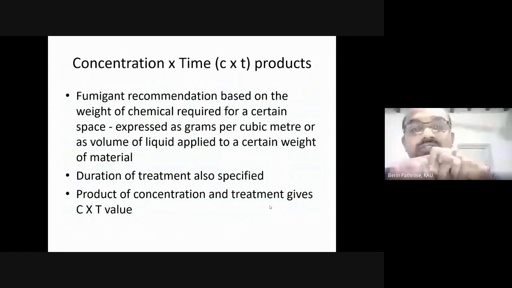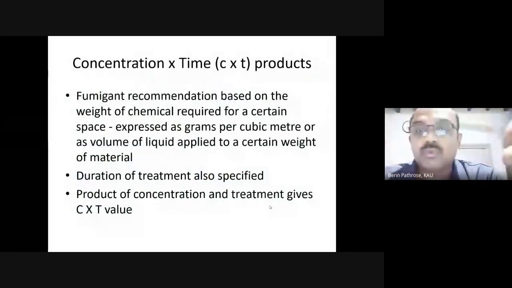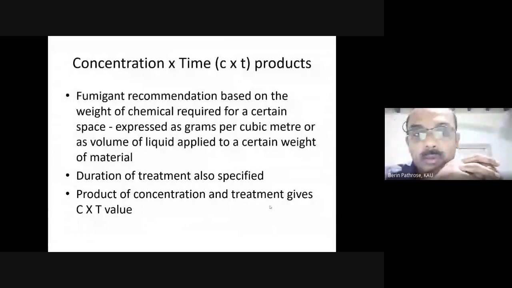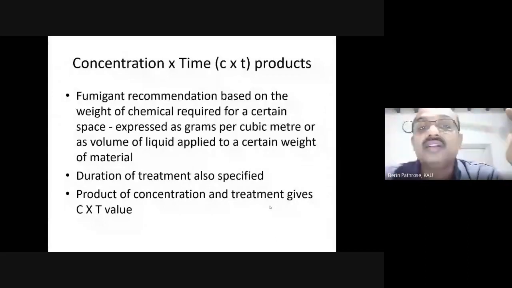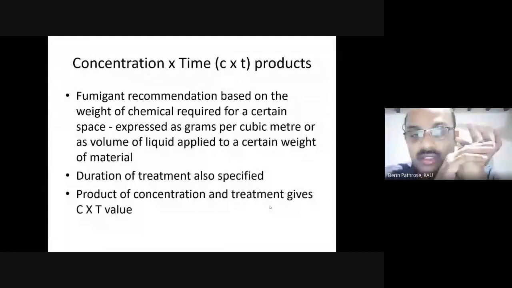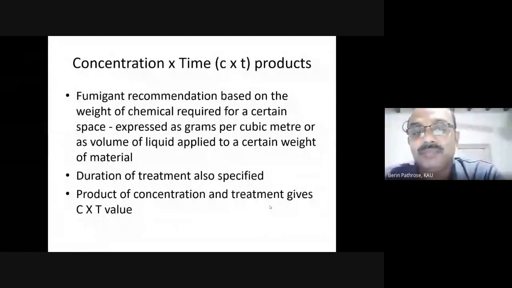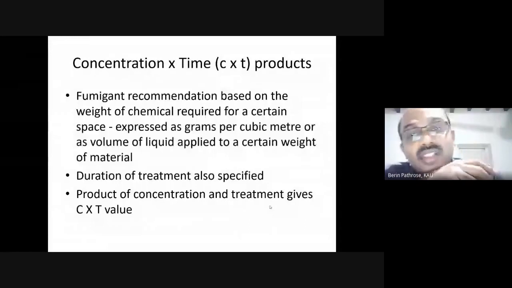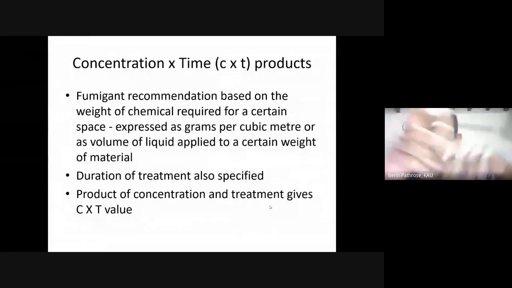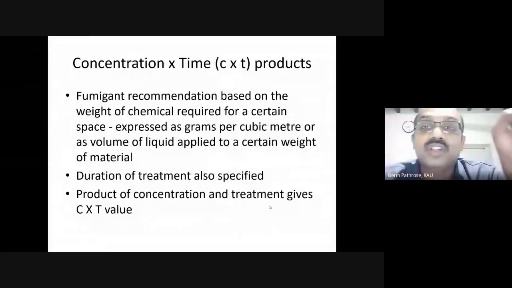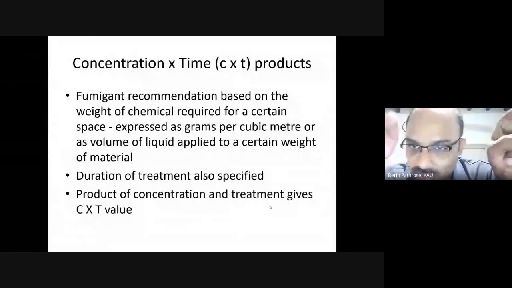So the recommendation of a fumigant is the quantity of the fumigant and the time required for the fumigation, so the concentration as well as the time. The product of the concentration and the exposure period gives the CT value, and that CT value is constant for a particular fumigant.